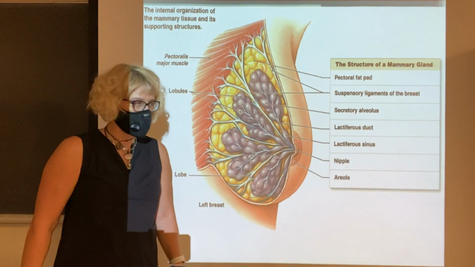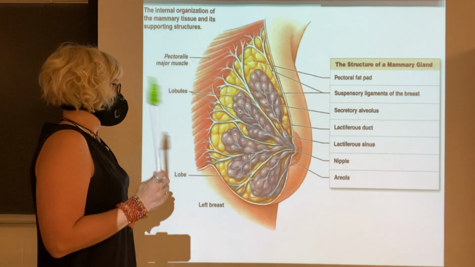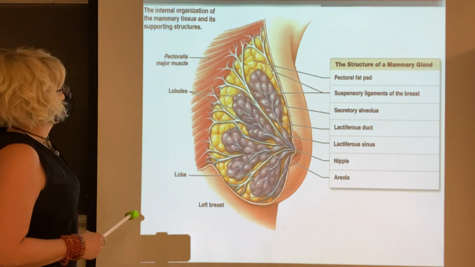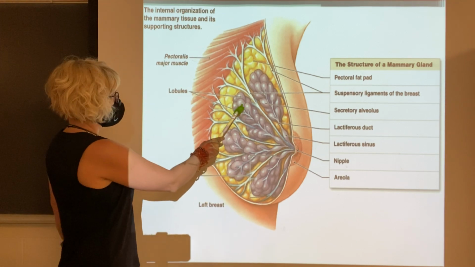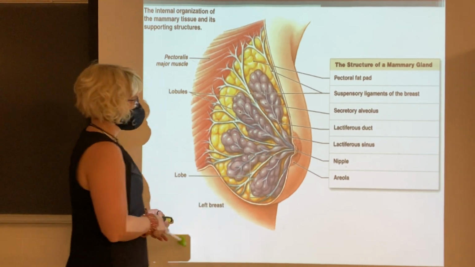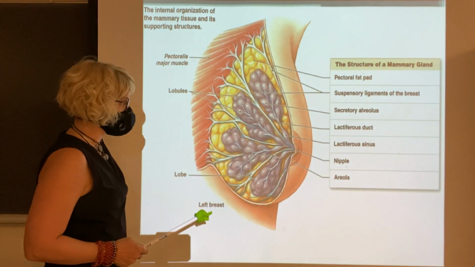So we get to the breasts, which, it's not about the looks, it's about making milk. That's exactly correct. So what the structure looks like, we have here lobules, and the nipple is what the baby latches on for the milk.